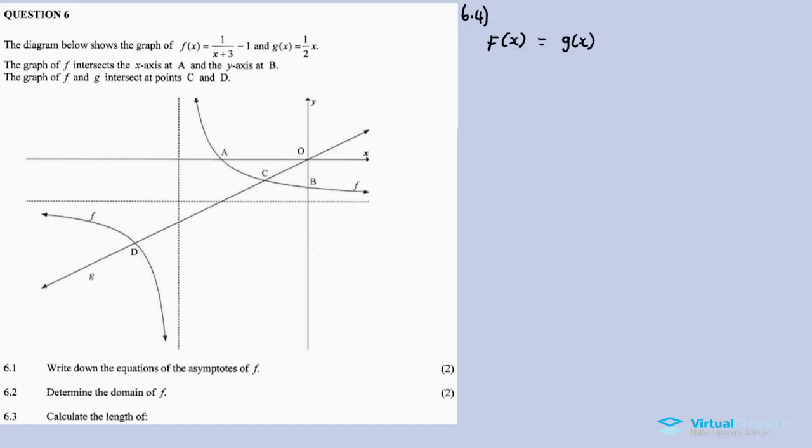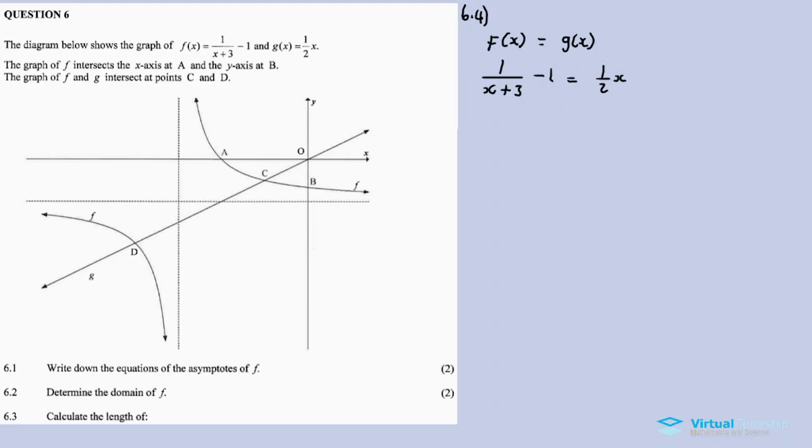Therefore f of x will be equal to g of x, right? F of x equals g of x. Now we substitute the equations. Where there's f of x I put its equation, where there's g of x I put its equation. Therefore I end up with something like this. But I don't like the fraction, so I want to manipulate the right hand side.